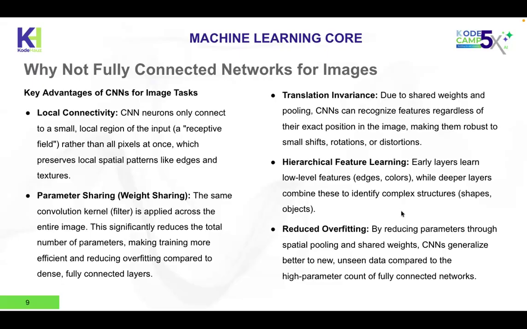So that's translation invariance. Then hierarchical feature learning is what defines the architecture of a convolutional neural network, where you are stacking multiple layers of these convolutions. Each layer does what we call feature extraction. It learns some specific features and kind of engineers those features.